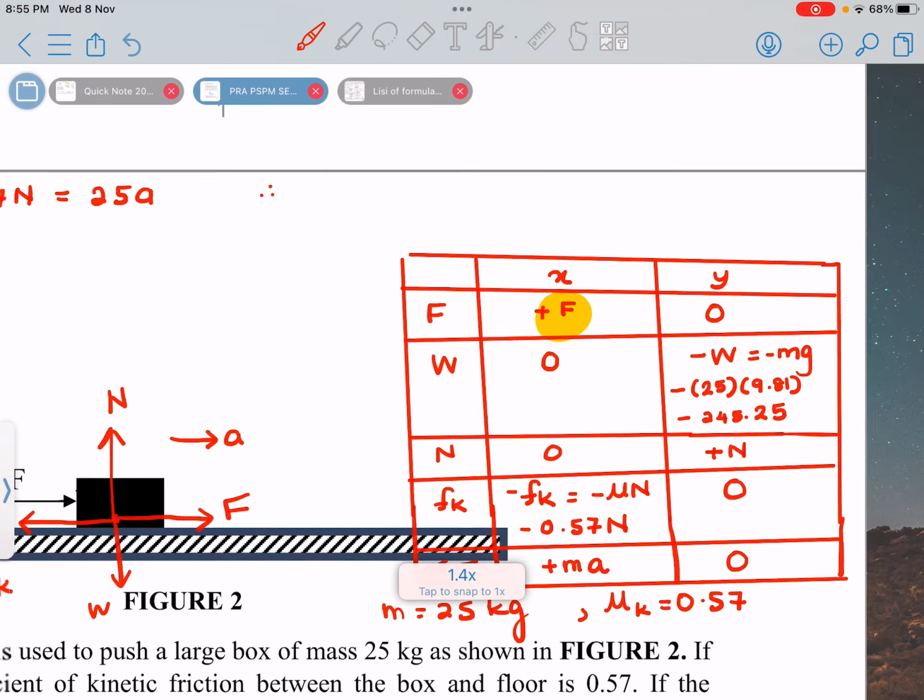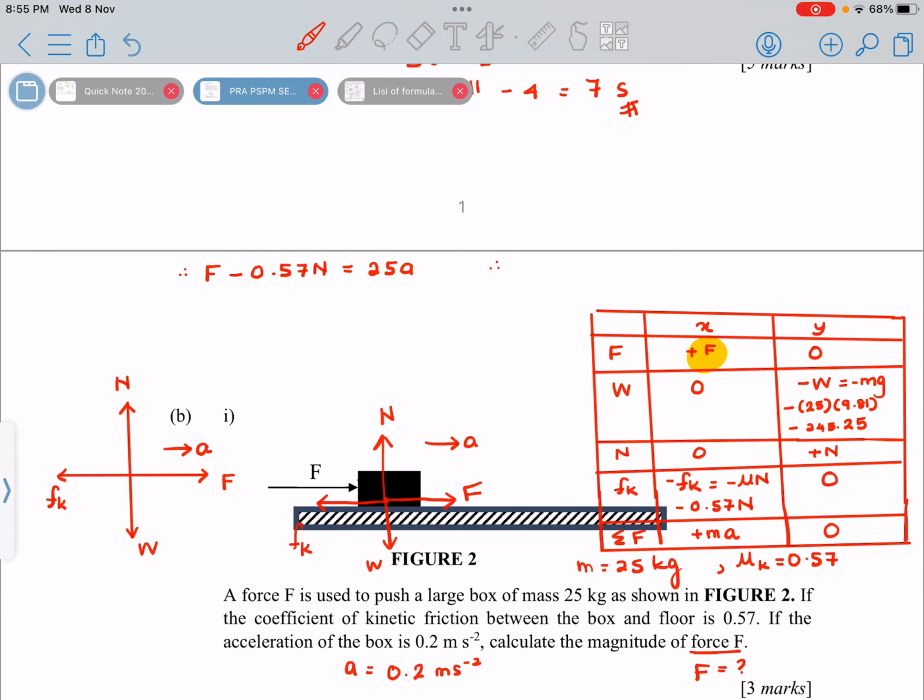Okay. So N minus 245.25 is 0. So our N is actually 245.25 lah kan.